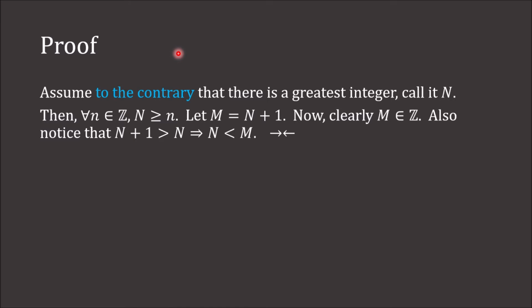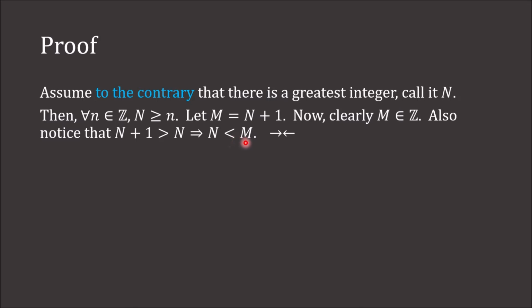Now define big M to be big N plus 1. Clearly, big M is an integer. It's the sum of two integers. However, big N plus 1 is greater than big N. Well, this means that N is less than M. But wait a minute.